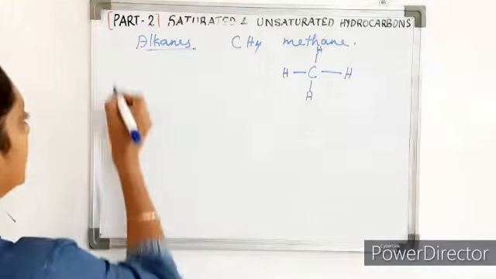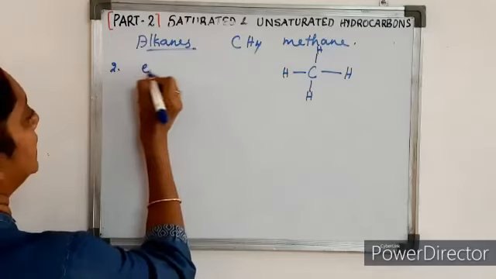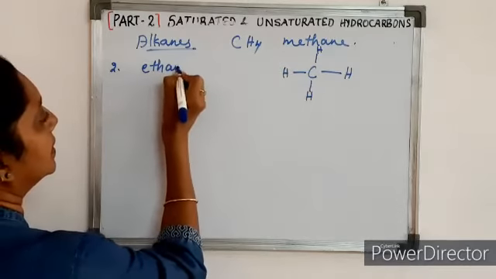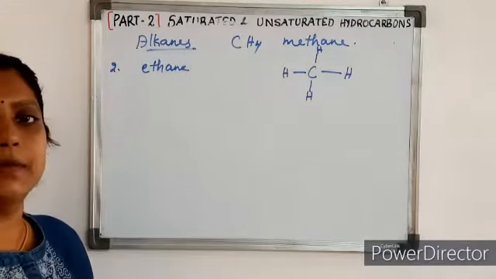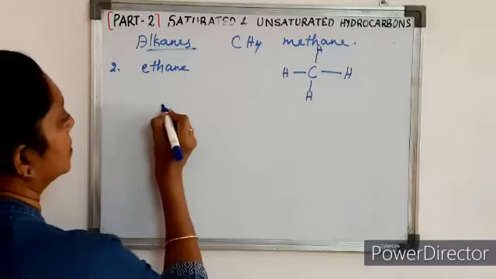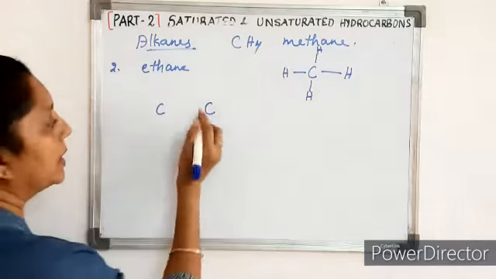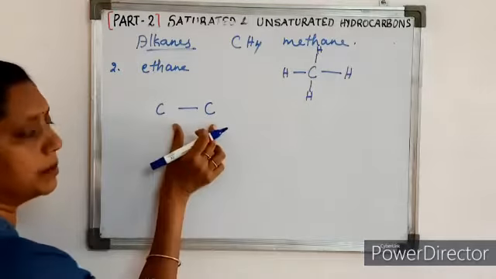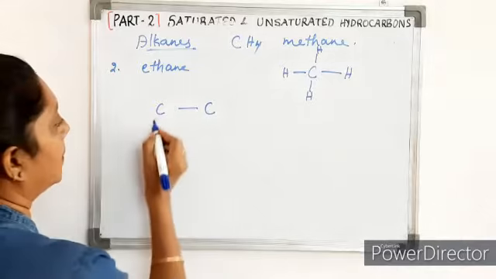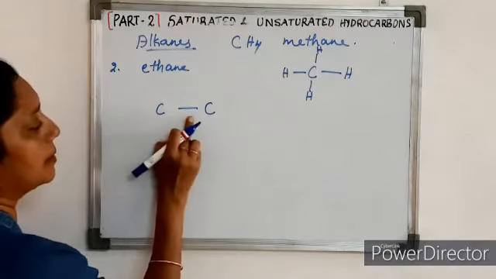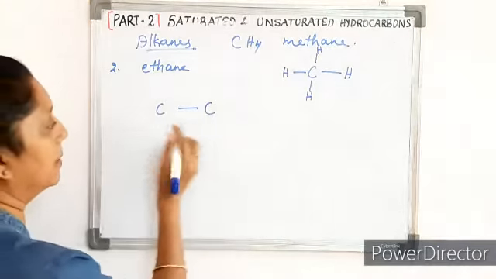Okay. The next member is ethane. It contains how many carbon atoms? 2 carbon atoms. So we have to draw the structure like this. 2 carbon atoms, and these carbon atoms are bonded by a single bond. So one valency of this carbon is satisfied with the other carbon atom.